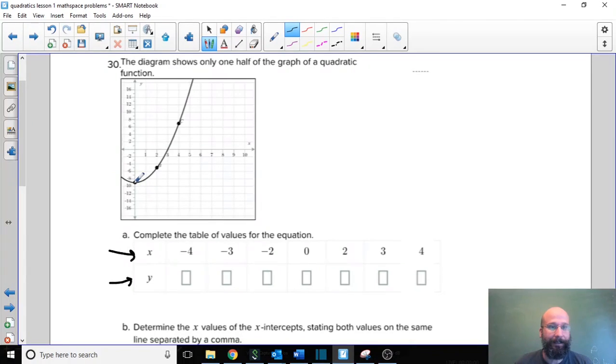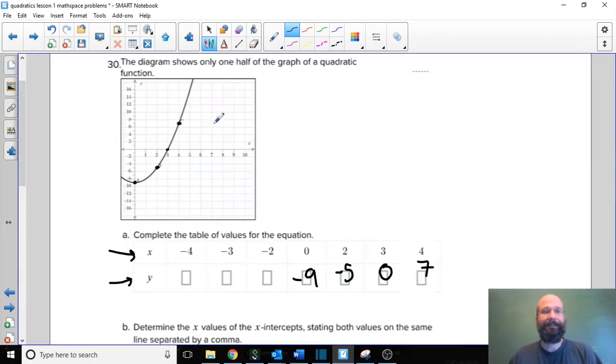It crosses right here, which is -9, right? It's the number between -8 and -10, and that's -9. 2 is right here. So where does it cross? Right here. The number between -6 and -4, which is -5. 3 is right here on the x-axis, which is 0. 4 is right here, the number between 6 and 8, which is 7.